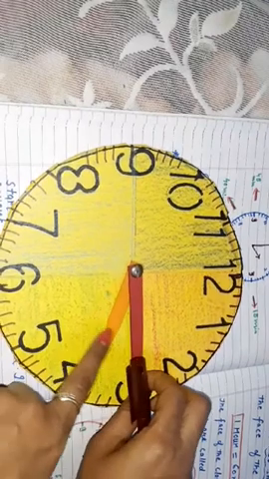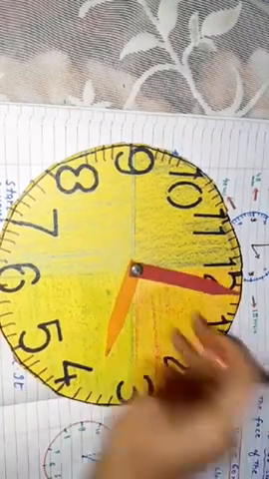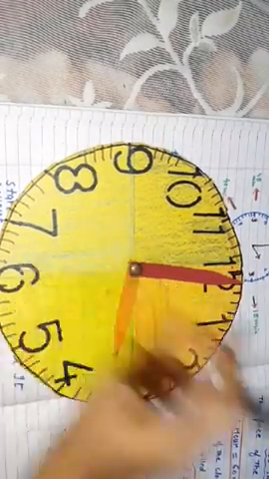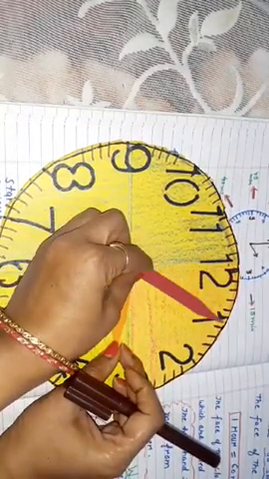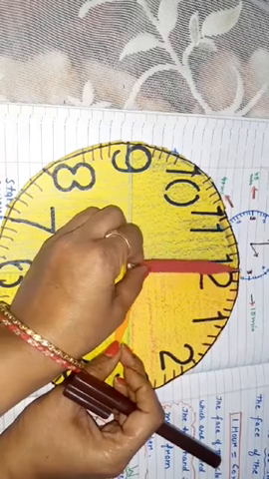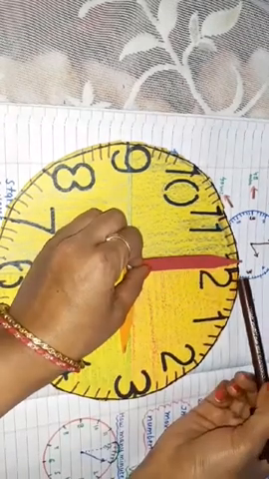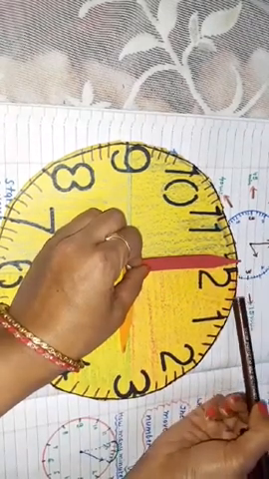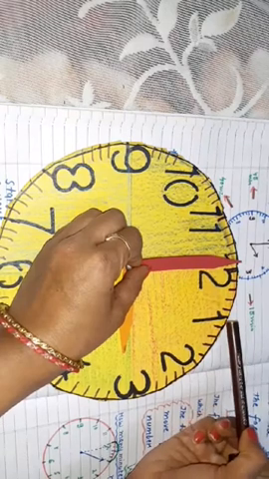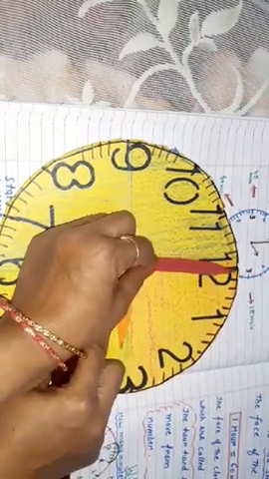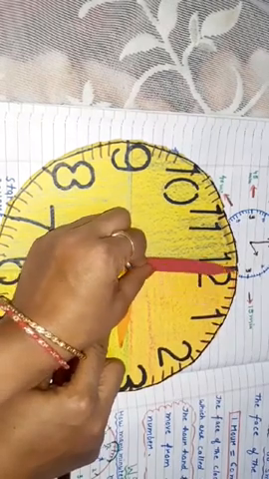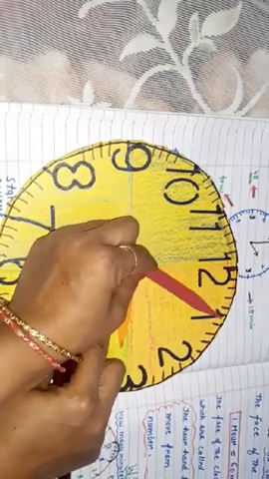It covers 60 minutes. When the minute hand moves from 12 to 1, how many minutes are there? Let us count: 1, 2, 3, 4, 5. So when the minute hand moves from one number to another number, it covers 5 minutes.